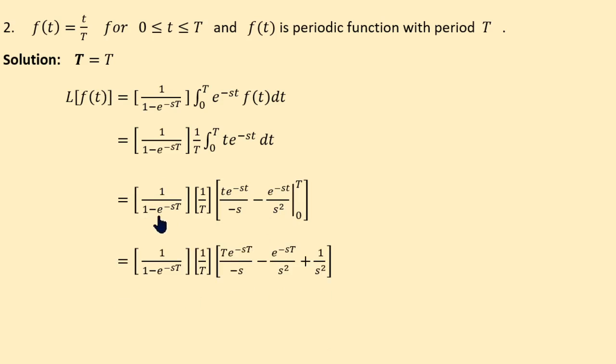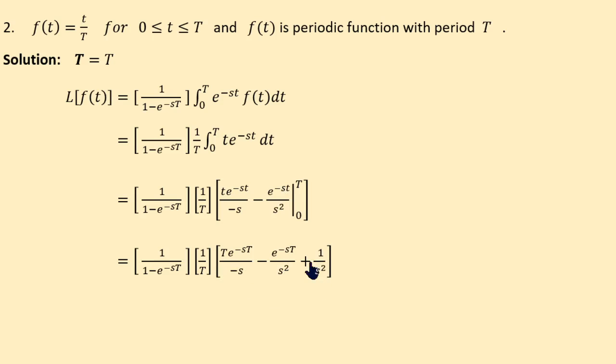So 1 by 1 minus e power minus sT, into 1 by T, into e power minus sT by minus s, minus e power minus sT by s square, plus 1 by s square.